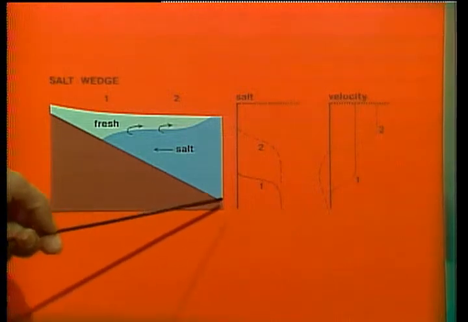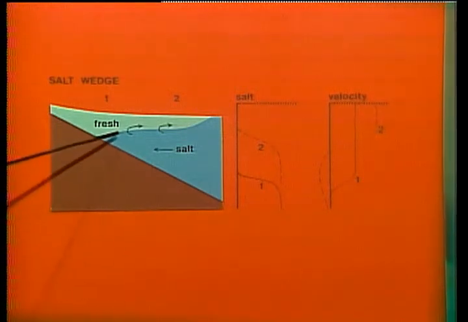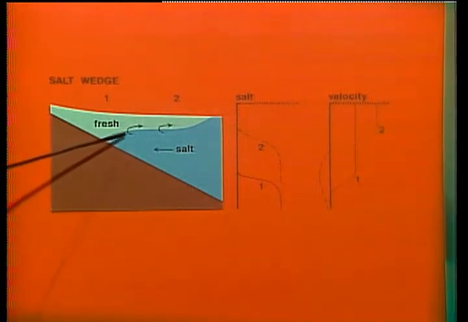Now in fact there are frictional effects between the salt water and the fresh water, and these create quite a different situation. Here we have a diagram, again, which shows our estuary with the land dropping away. But now we have friction and turbulence at the boundary between the salt water and the fresh water.